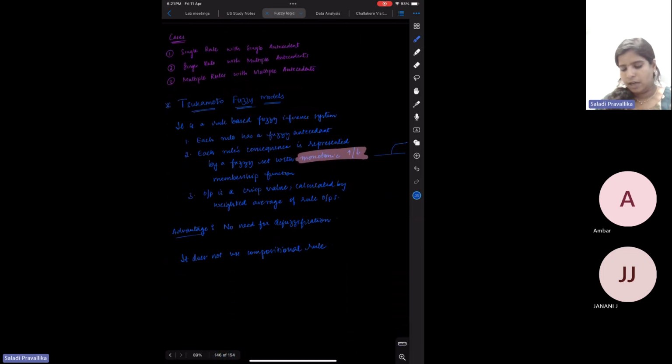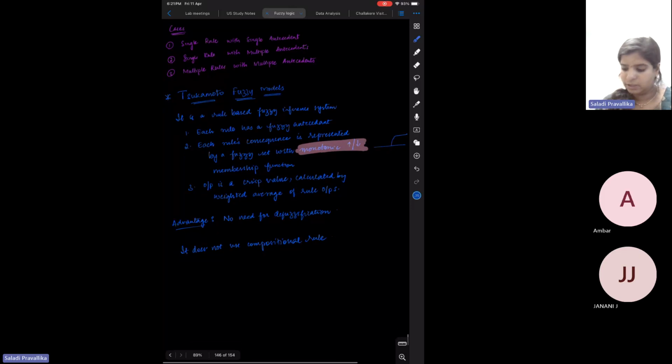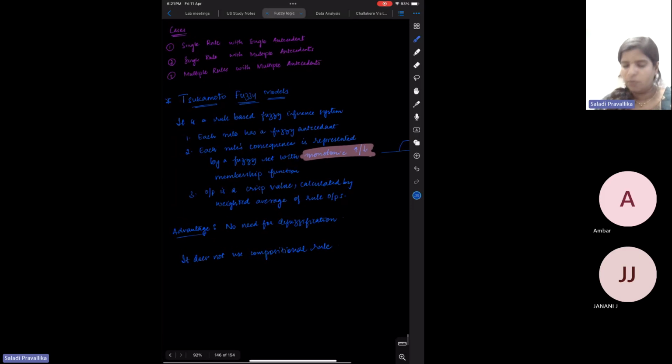And then we looked at the Tsukamoto fuzzy model, where the inputs are fuzzy values, but the output is a crisp value. Which means that the defuzzification process is not required, and hence the model is going to consume less time, right? And this one does not follow any composition, the max-min or the max product composition.